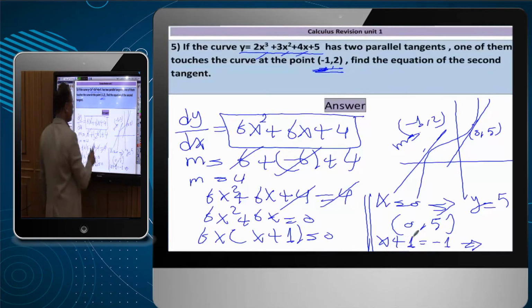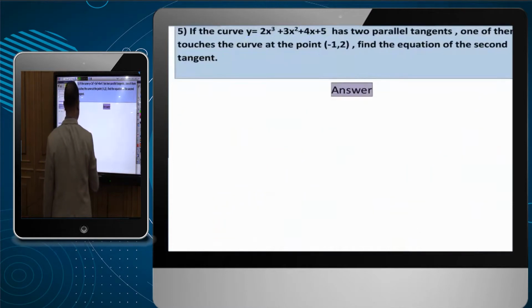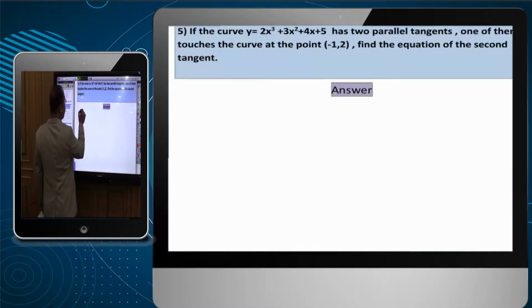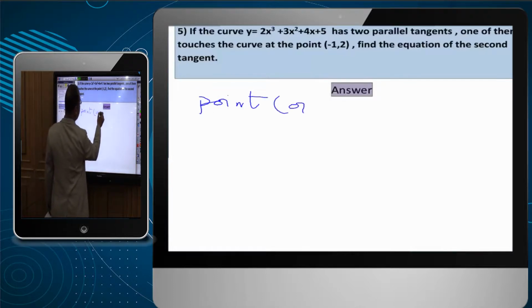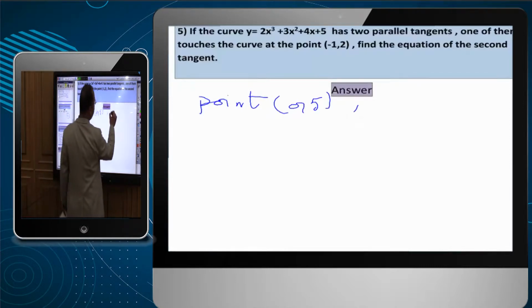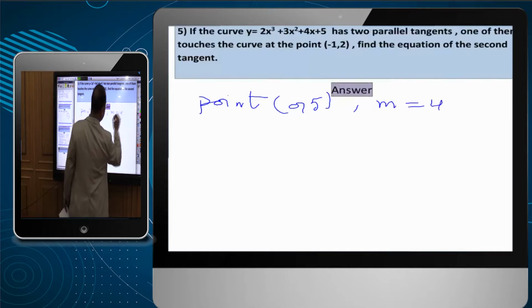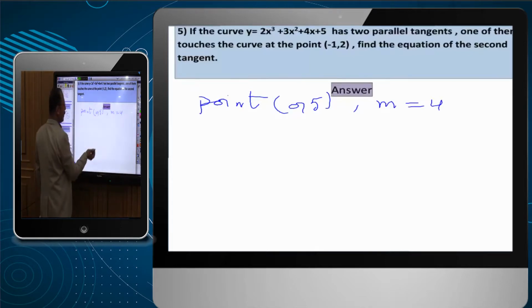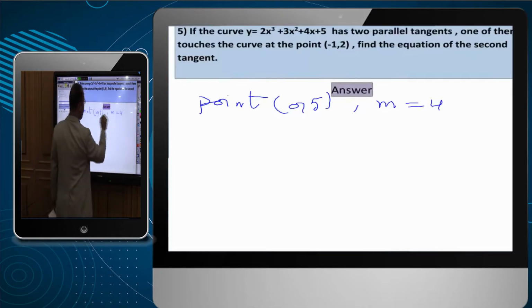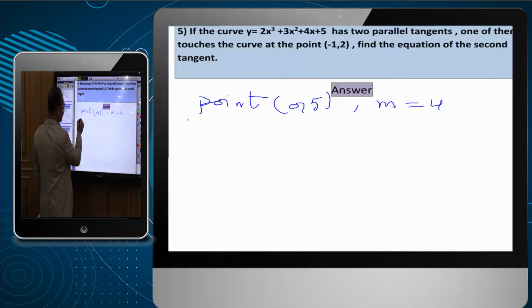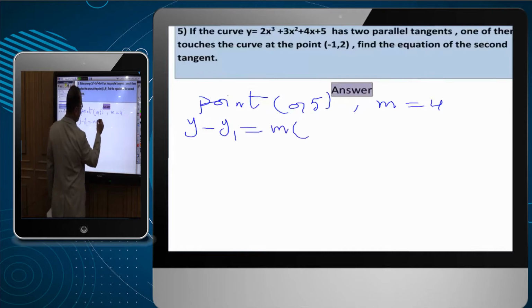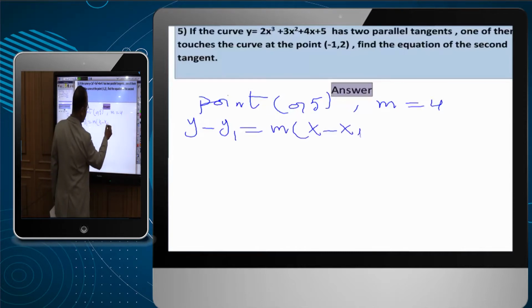Lastly, we want to find the equation. If the point is 0 and 5 and the slope equals 4, it's very easy to find the equation of this straight line by the relation y minus y1 equals m times x minus x1.